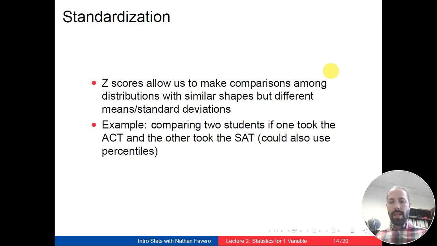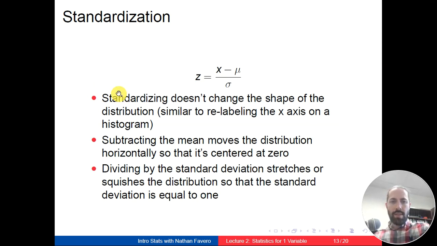So, how do we compare the student who got a 36 on the ACT to a student who got a 137 on the SAT? How do we compare these two students since their scores are different, but they're being measured on completely different scales? One thing we could do is compute a z-score for each of them with this formula.